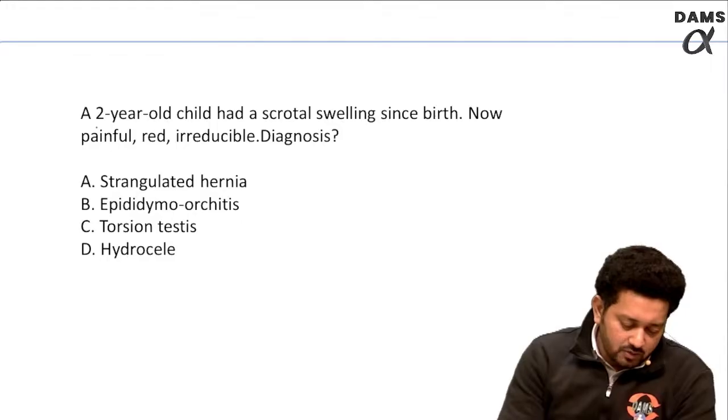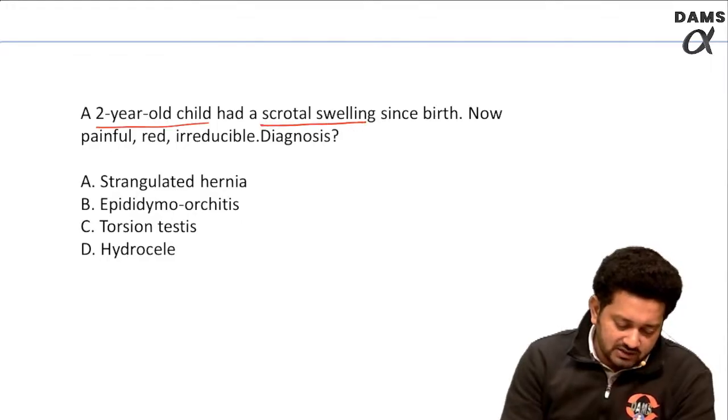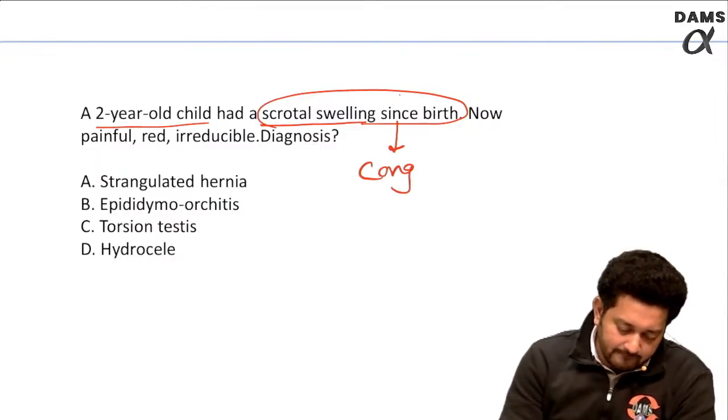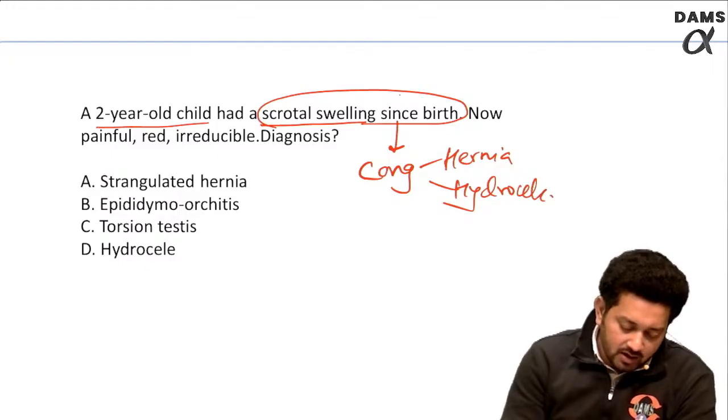Next question, a 2-year-old kid had a scrotal swelling since birth. Now, with scrotal swelling since birth, there are two possibilities: congenital hernia or hydrocele. Now there is a painful red irreducible swelling.